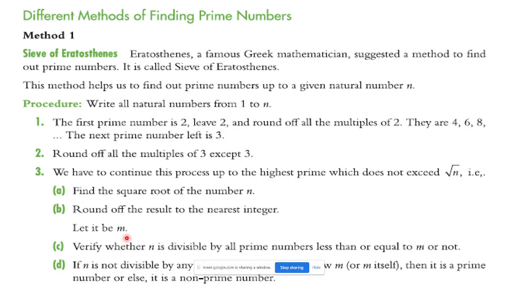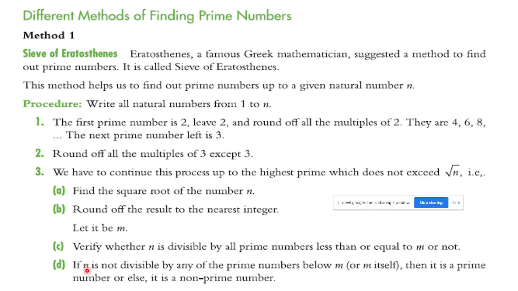Suppose that is m. Now, third step, verify whether n is divisible by all prime numbers less than or equal to m or not. Now, the important step here is we have to check whether n is divisible by all the prime numbers less than or equal to this number m.